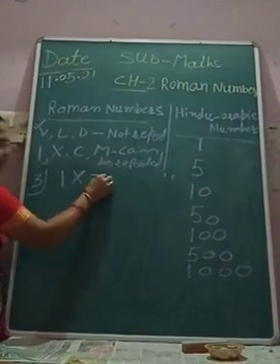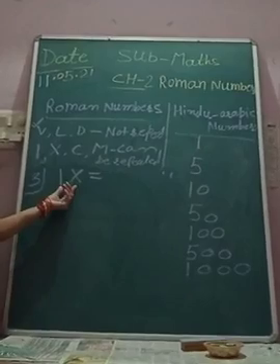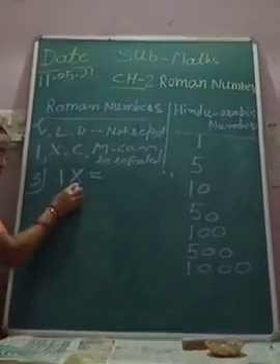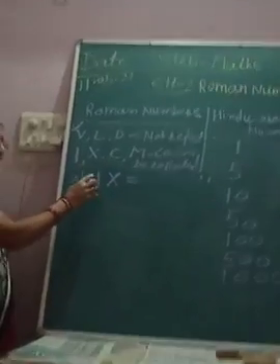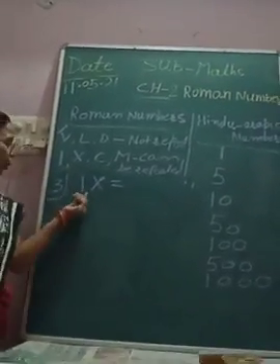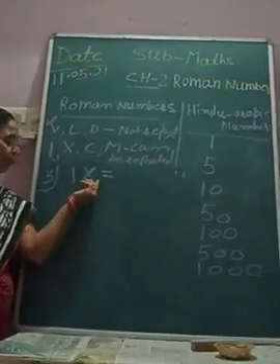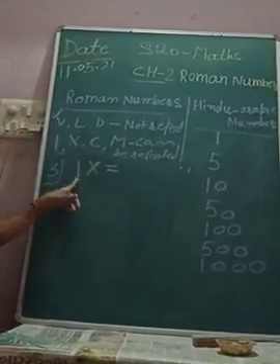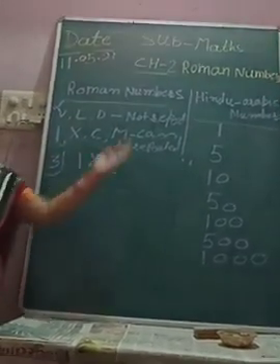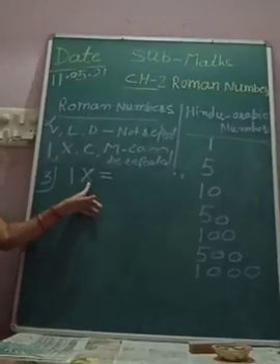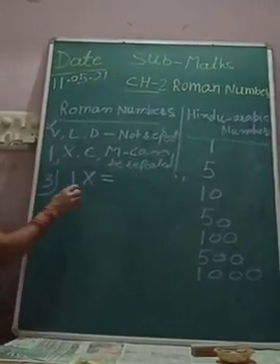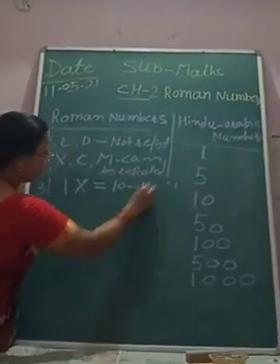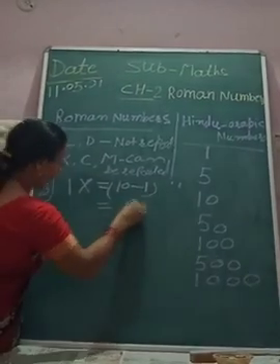It means 9. 9 means 10 minus 1. Why? Because when the lower digit is before the larger digit, or when you put the lower digit Roman number on the left hand side of the larger digit, then that will be subtracted. So 10 minus 1 is equal to 9.